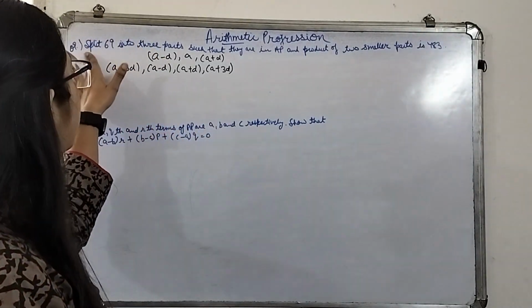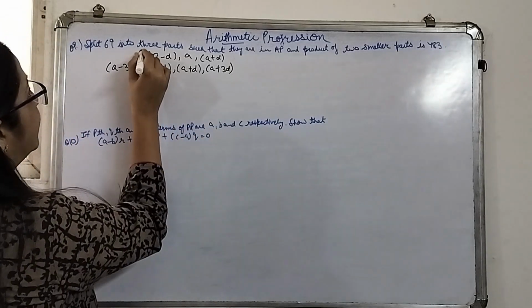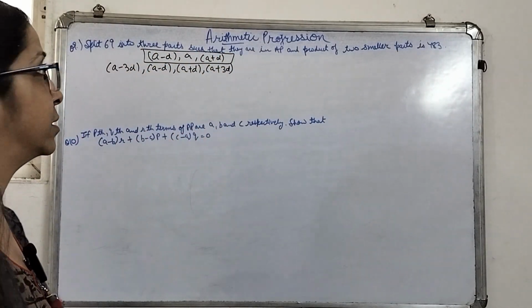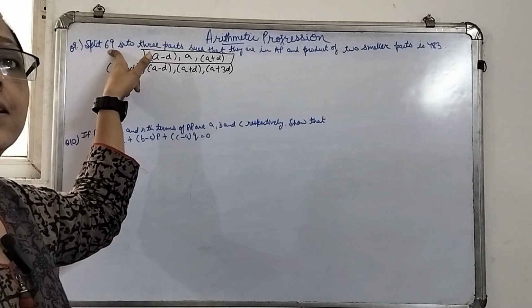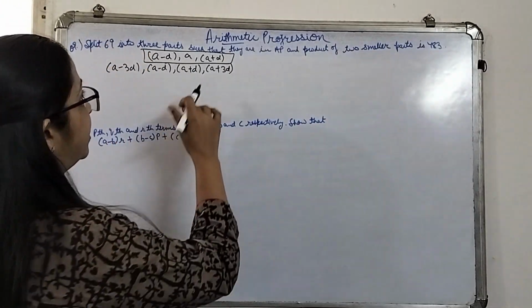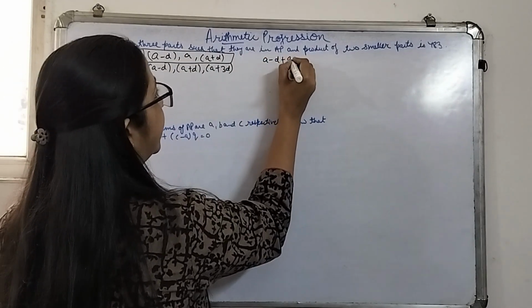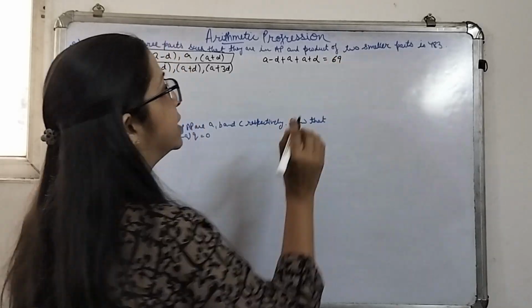So let's see, we are assuming that the 3 numbers which are in AP are A minus D, A and A plus D. These 3 are the numbers. The sum of these 3 numbers is given to us as 69. That simply means A minus D plus A plus A plus D is given to us as 69.